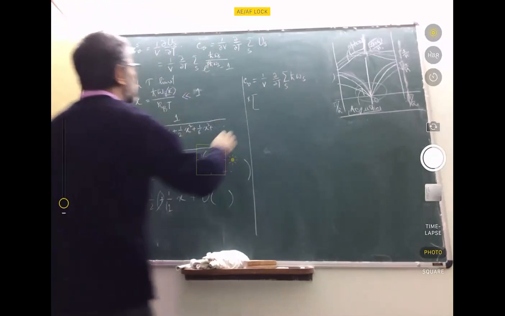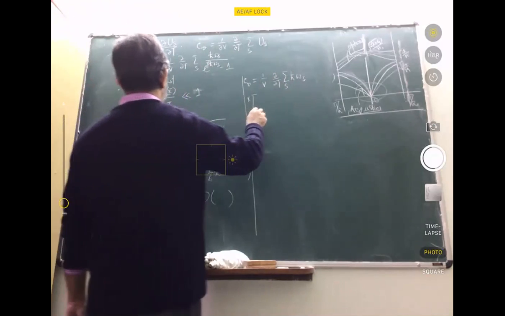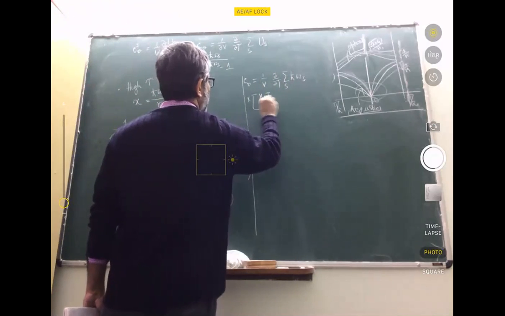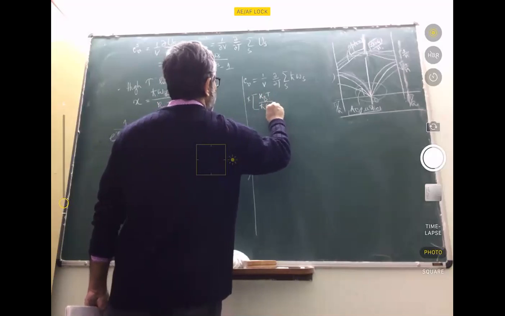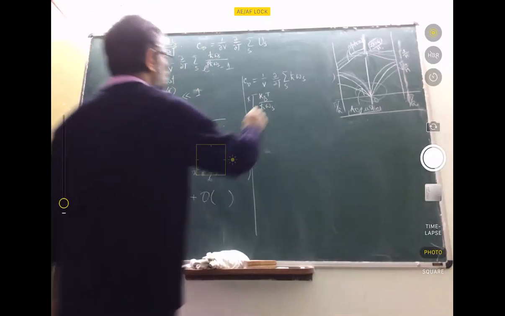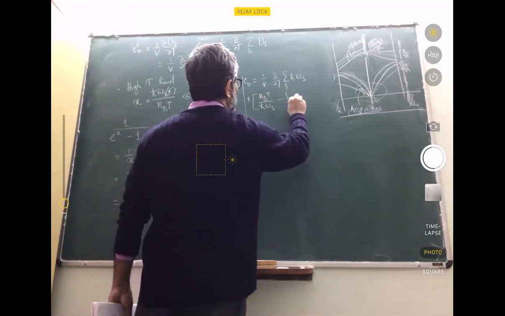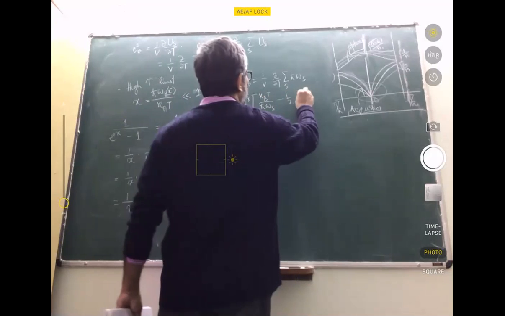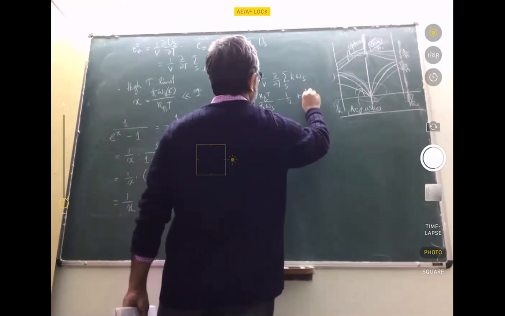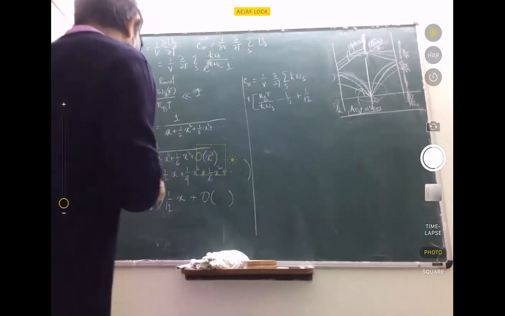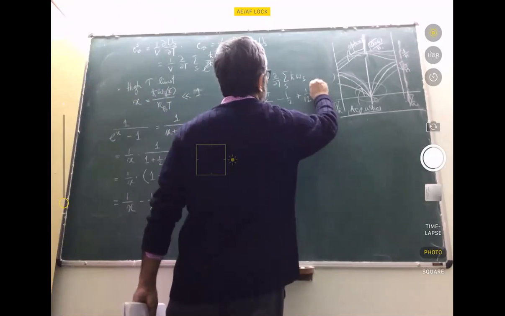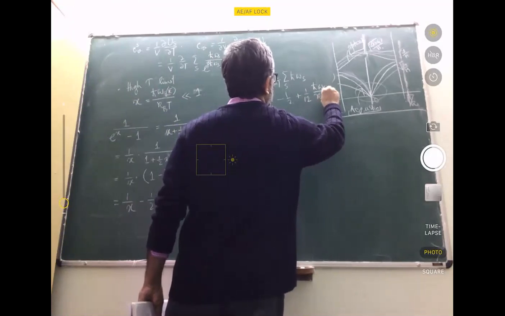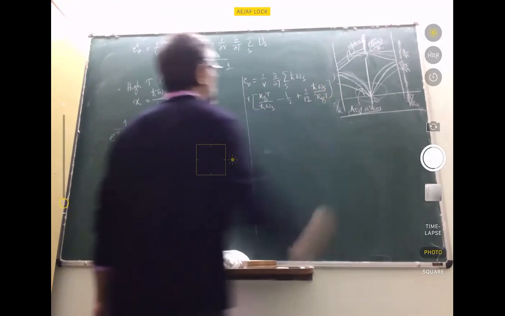So I have 1 over x, which is..., a constant term, and so on.